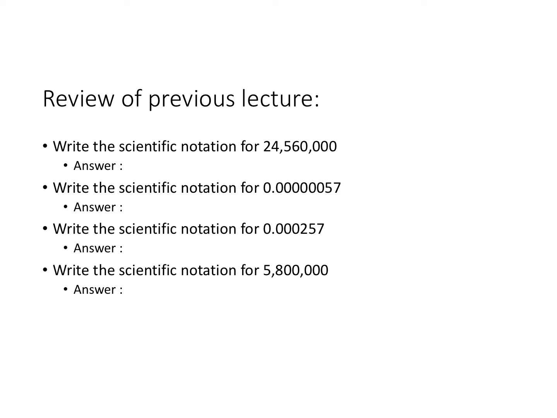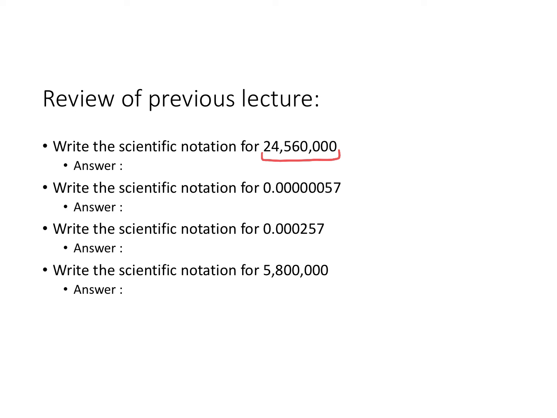I'm going to ask you 2 or 3 questions about scientific notation in your exam, so make sure to understand it well. So first of all, if I want to write this number in scientific notation, what is the first step?